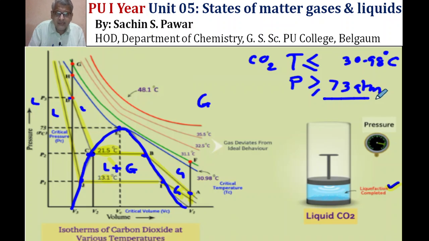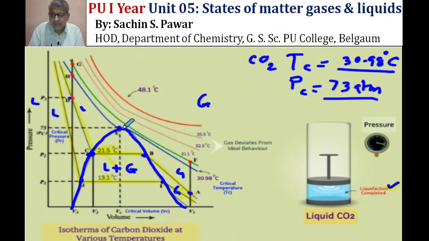So at 73 atmosphere, liquefaction has started. This temperature and pressure are known as critical temperature and critical pressure, referred to as TC and PC. Critical temperature is the minimum temperature at which, when you apply the critical pressure of 73 atmosphere for carbon dioxide, the gas liquefies.